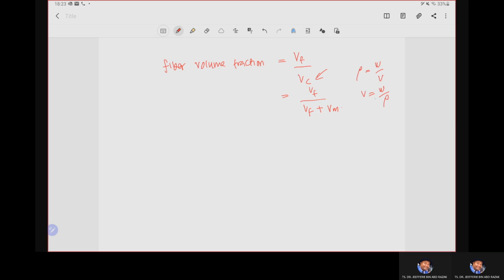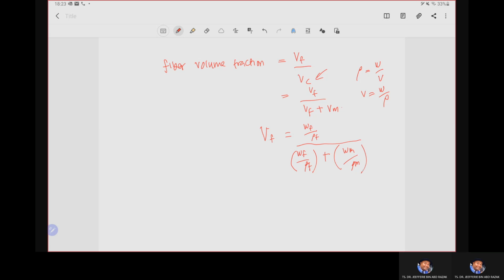We will find the equation at the end of the derivation looks something like this: the fiber volume fraction VF equals WF over rho F, divided by WF over rho F plus WM over rho M.